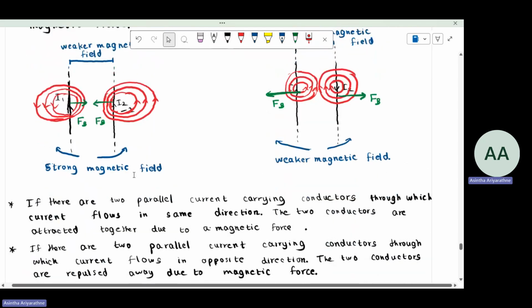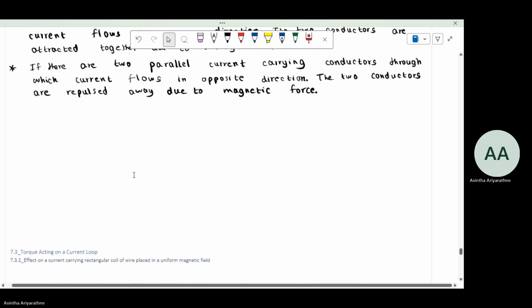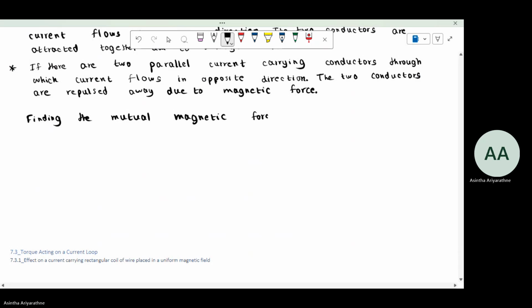And next one is finding the mutual magnetic force. Right.